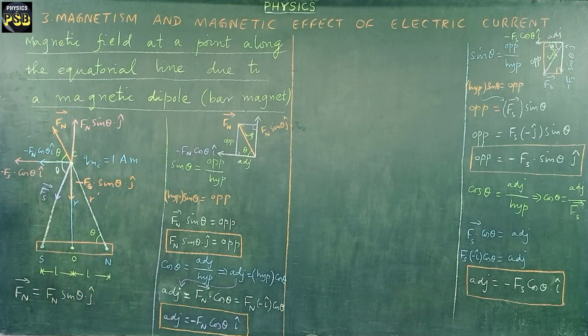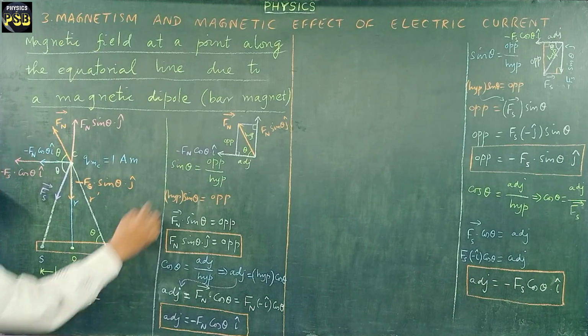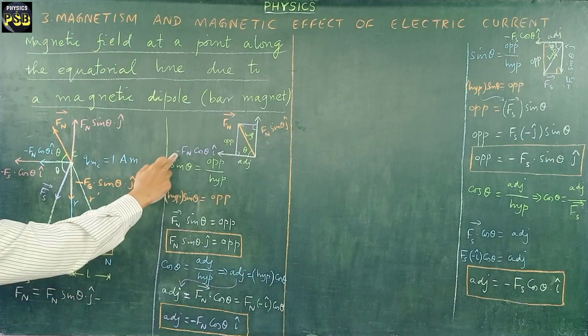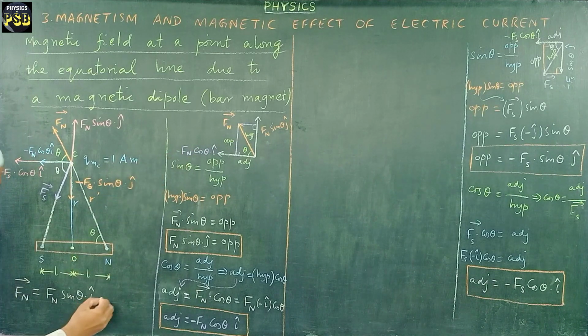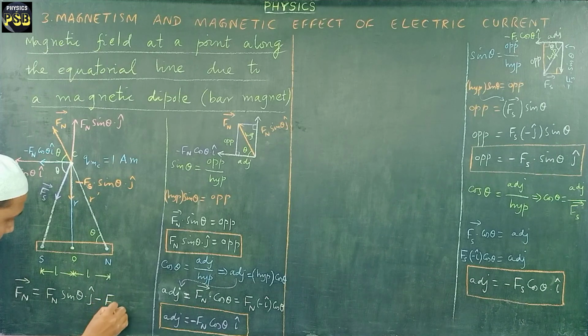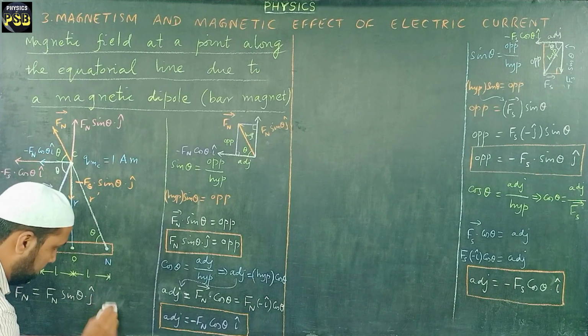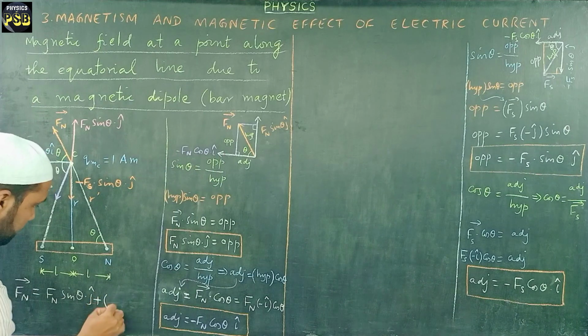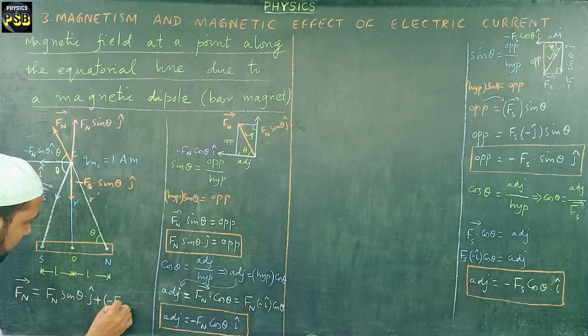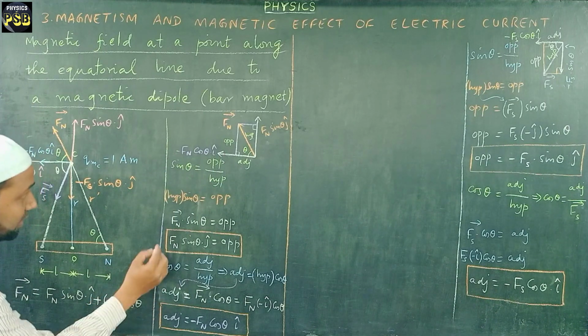Then these two are added here, plus with the minus, it becomes minus. Okay, so Fn. Let me increase one step here for better understanding. Write plus, then I add this part, minus Fn cos theta i cap.